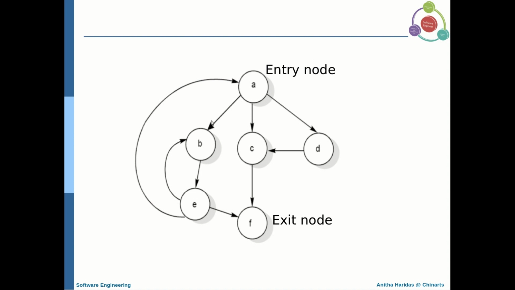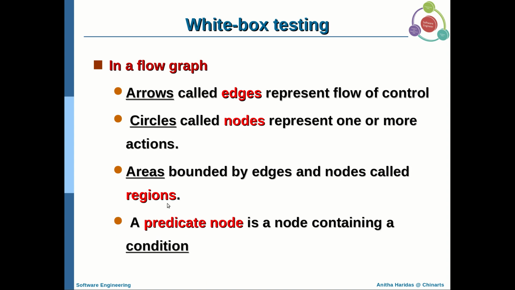These are the edges in your graph, these are the nodes in your graph, and this particular area which is closed can be called one region. So this is one region and this area is another region, and this particular area is the third region, and this particular area can be called the fourth region. I repeat, the areas bounded by edges and nodes is called a region.